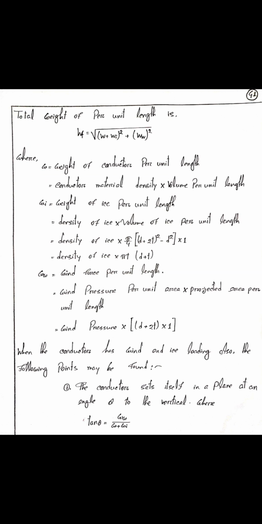Total weight per unit length is Wt equals square root of (w plus wi) whole square plus (ww) whole square, where w is weight of conductor per unit length, wi is weight of ice per unit length, and ww is wind force per unit length.